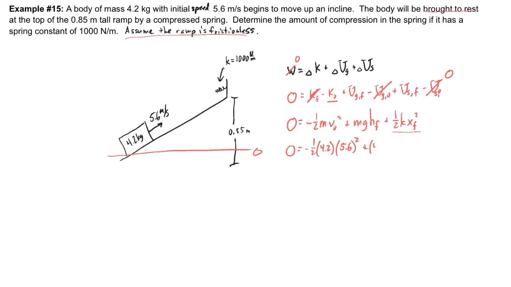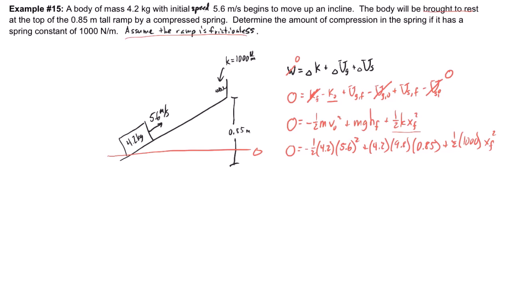We'll add that 4.2 times the g, which is 9.8, times the height, which is 0.85, plus the 1/2 times the k, which was given to us as 1,000, and of course times that final x squared, which is the question: how much is the spring going to be compressed?